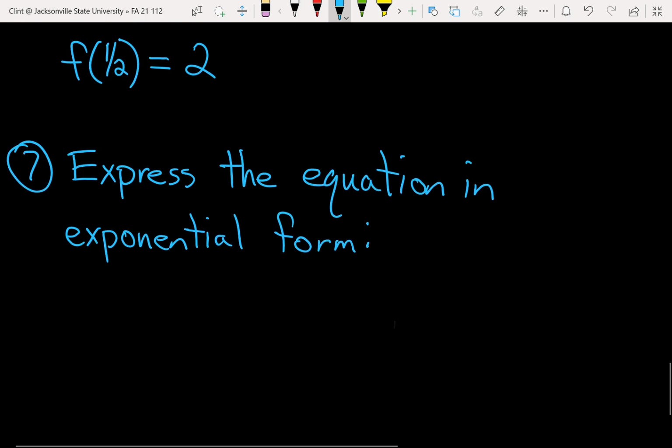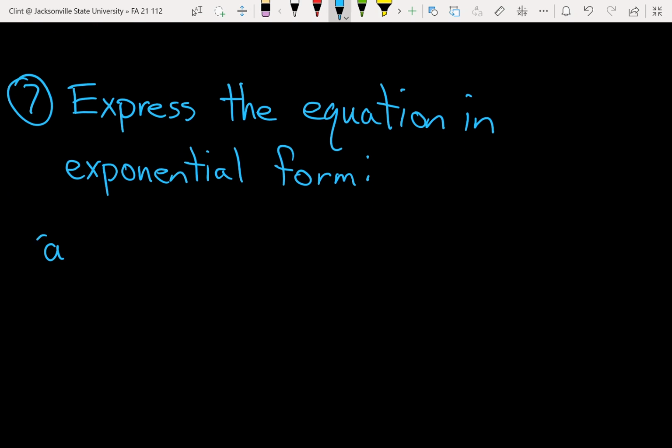We got 2 on this one. So A gives us log base 6 of z equals 1. And we want to put it in exponential form.